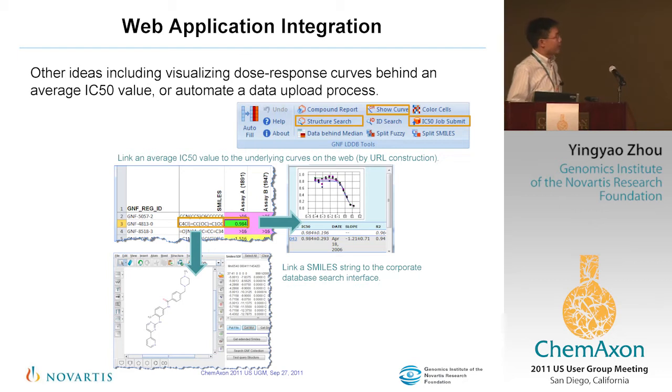And the underlying data is not something that can be stored within this Excel spreadsheet, right? So that's where we load adding. Scientists will click on this cell and then click a button called show curve, and this web page will open and show the underlying data.